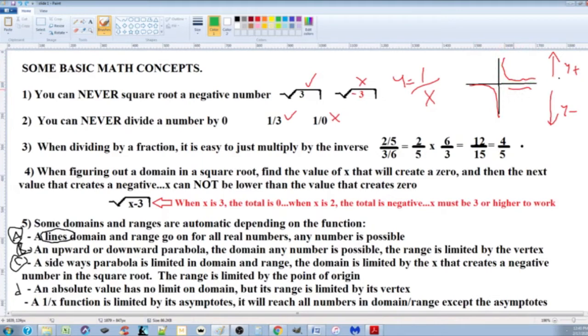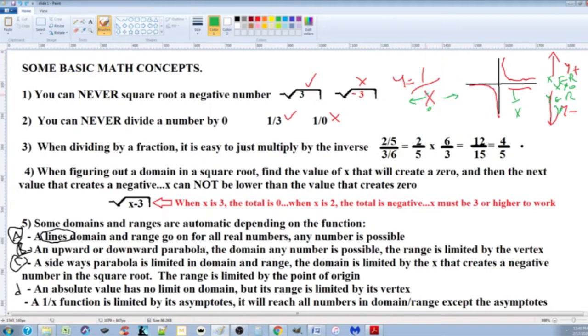So in a parent 1 over x function, x and y can be any real number with one exception. X cannot be 0, y cannot be 0. And that's because it follows the basic math rule. We cannot have a 0 down here at the bottom denominator of a fraction. As such, x must always be smaller than 0 or always be bigger than 0, which means the resulting fraction will always be bigger than 0 or always be smaller than 0.